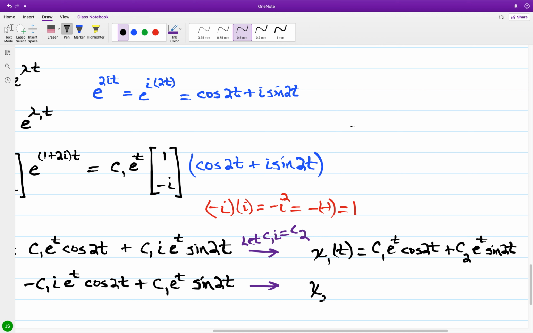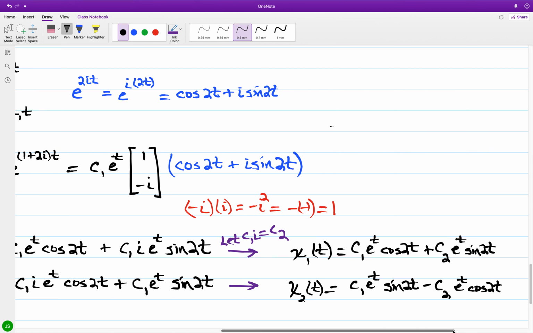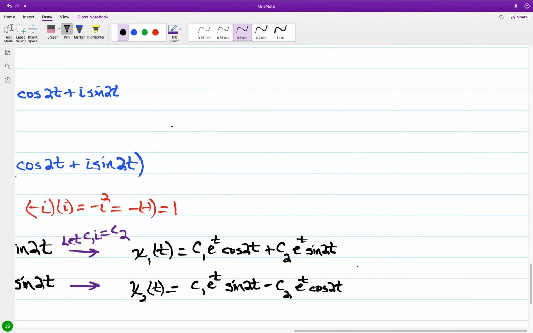And for x of 2 of t, I'm just rearranging this, so I have c1 e to the t sine of 2t minus c2 e to the t cosine of 2t. So this is our general solution.